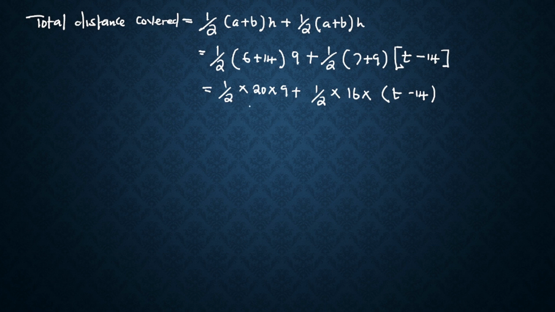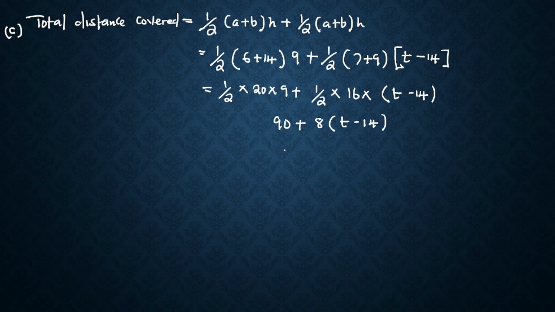Okay, 1 over 2 multiplied by 20 multiplied by 9, that's going to give us a 90, which we found in the previous question. Okay, then 1 over 2 multiplied by 16 there, we're going to have 8. Now this 8 is multiplying everything that is in the brackets.